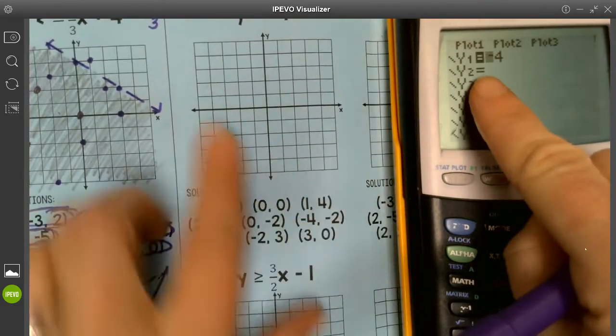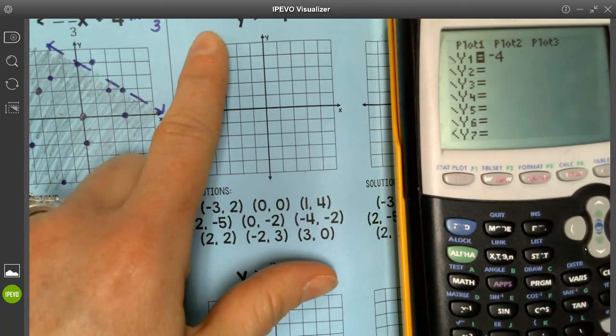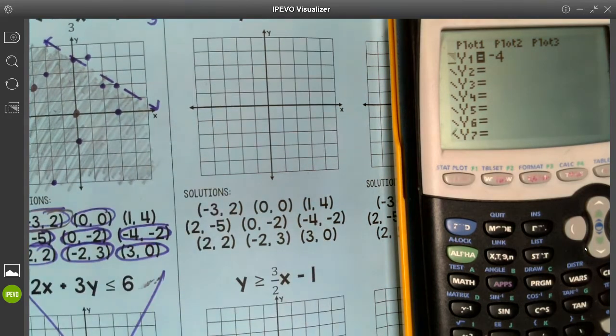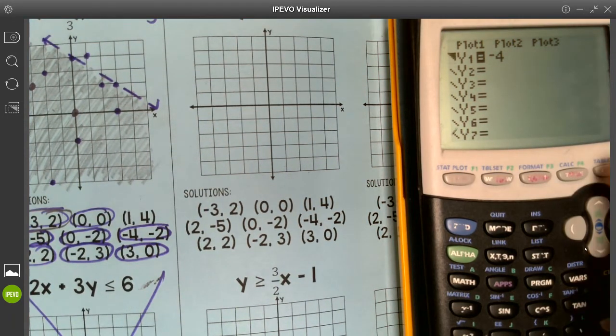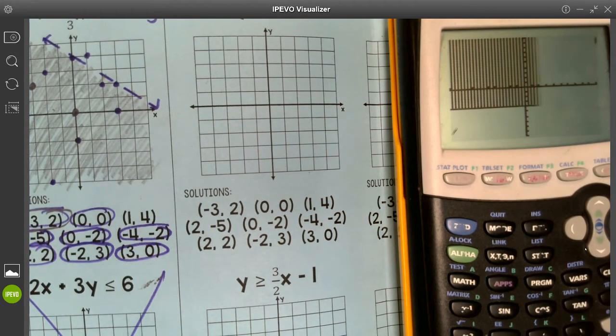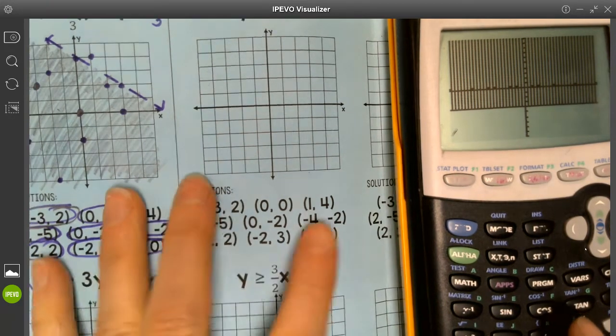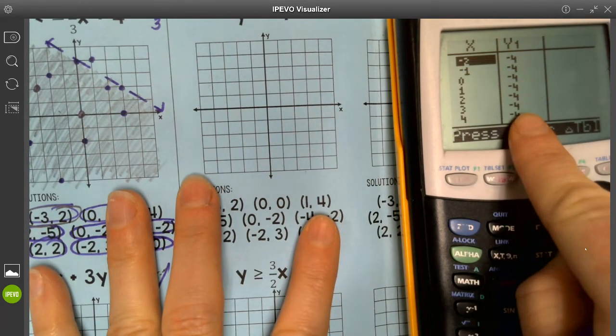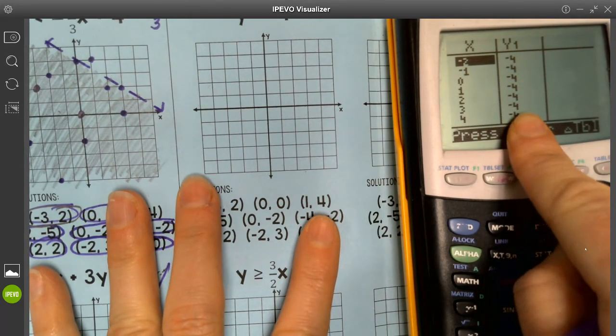Okay, so on this one, it's supposed to be above, so I got to go back over. Keep on pushing enter until we get the above. And we hit it. Looks like that. So if you go to the table, look at all the y's. See how all the y's are all negative 4?